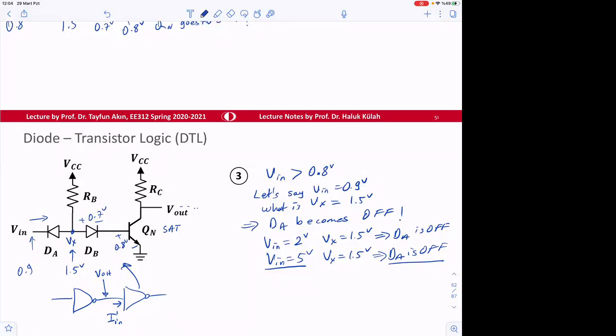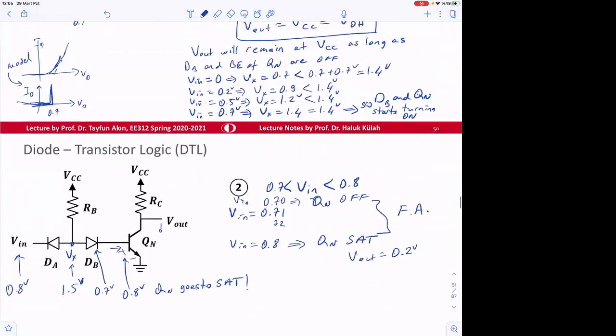Yeah. So remember, the fan out limiting case was this, right? When output was high, it was limiting our fan out. So we found a solution to that. Okay.